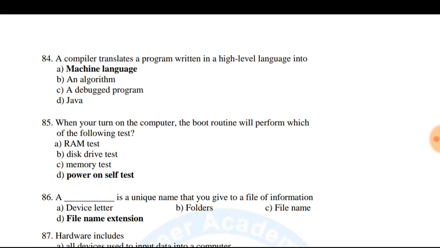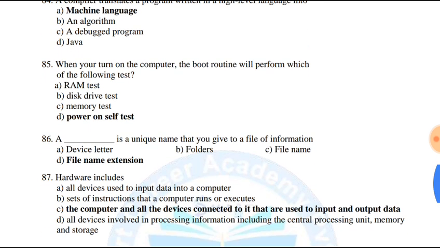A compiler translates a program written in a high-level language into machine language. When you turn on the computer, the boot routine will perform which of the following test? Power on self test. A dash is a unique name that you give to a file of information.